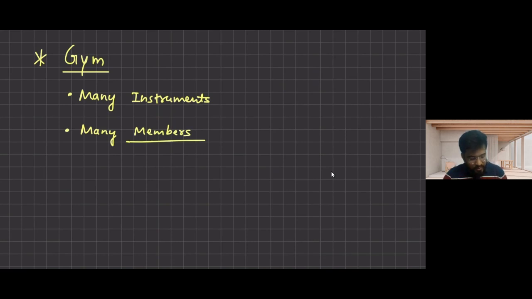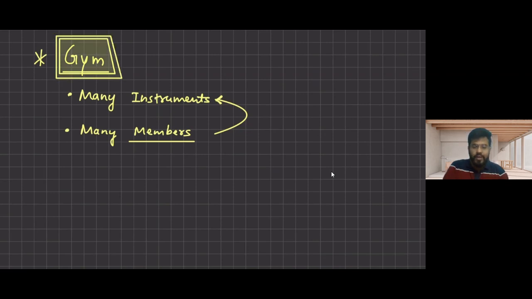Basically, members are those persons who avail the facilities of the gym. For example, they use these instruments and achieve their personal goals. Everybody joins a gym to become like Salman Khan, or to become a better personality of yourself. This is the main objective of the gym.